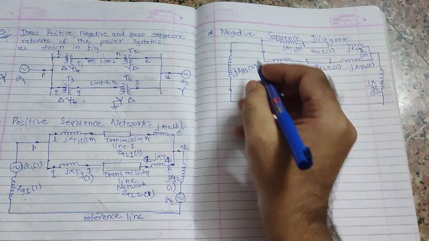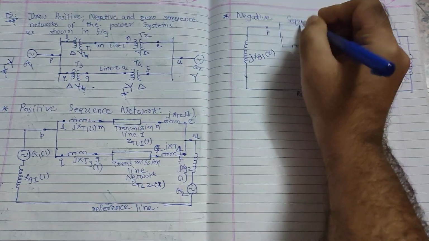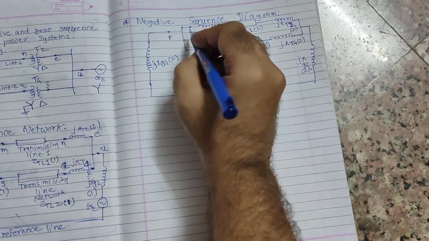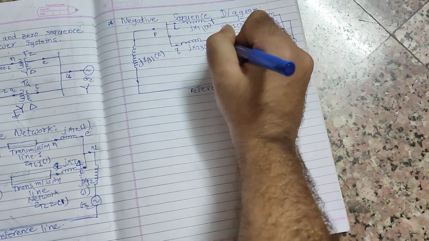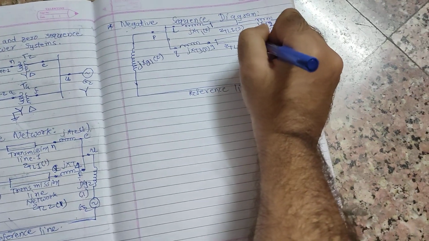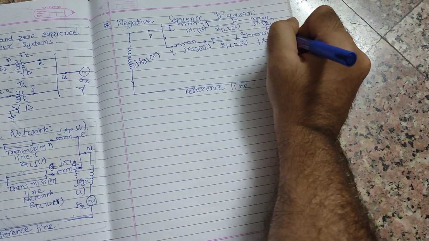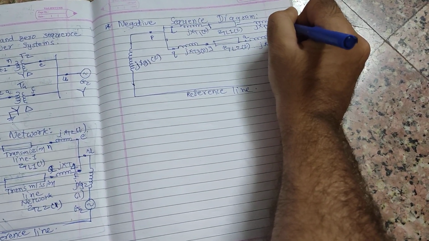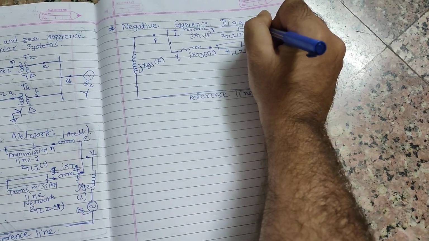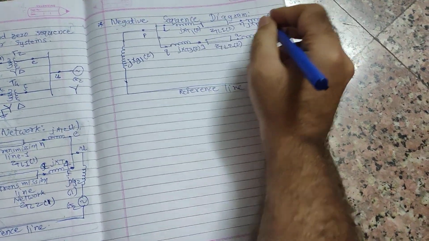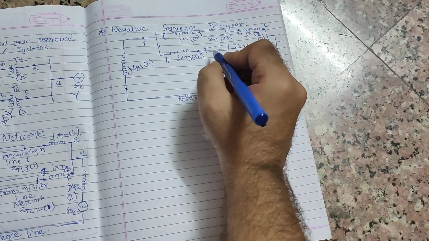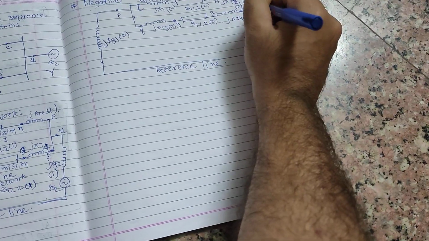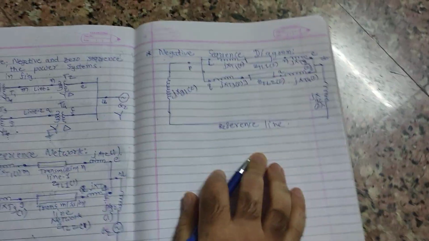I have also missed one thing: the nodes P, L, Q, G, A, F, E, N, and here U. That's it.